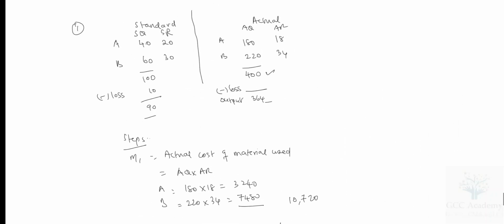Now you have to put up the standard cost here. So this is 800, 1800, total 2600. So you should determine the standard cost for actual output. Very, very important, dear students. Standard cost for 90 units of output is 2600.